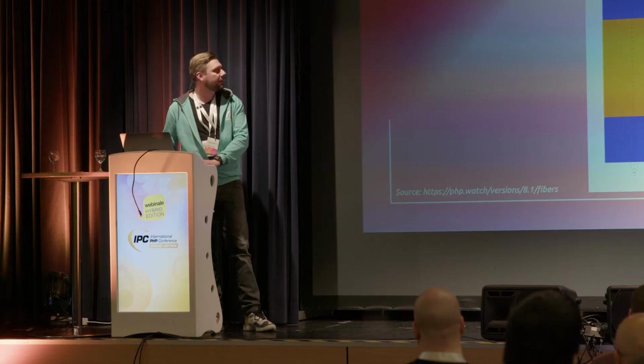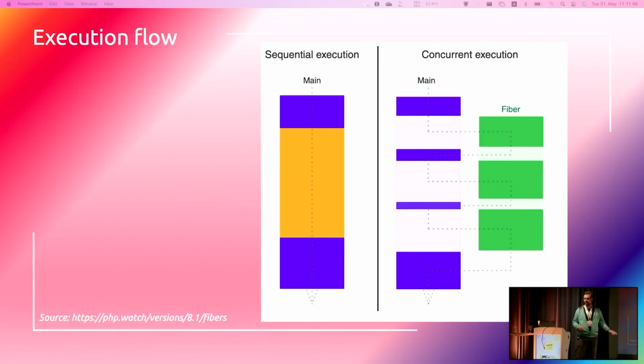I think I know what you mean. If we could quickly look at this chart, the execution flow. Imagine, like in my example, the purple one, we were jumping into the fiber, and then you would have another fiber here. So the main execution stack was paused.